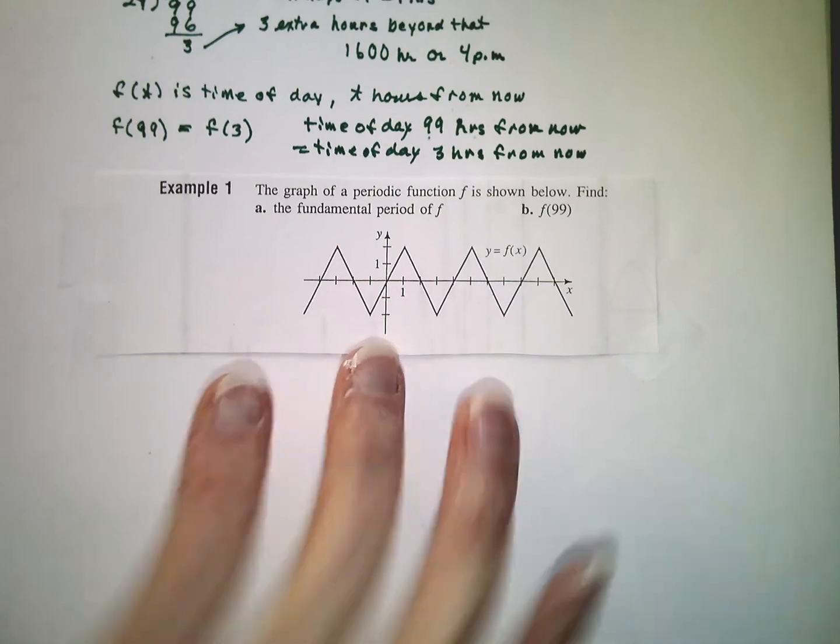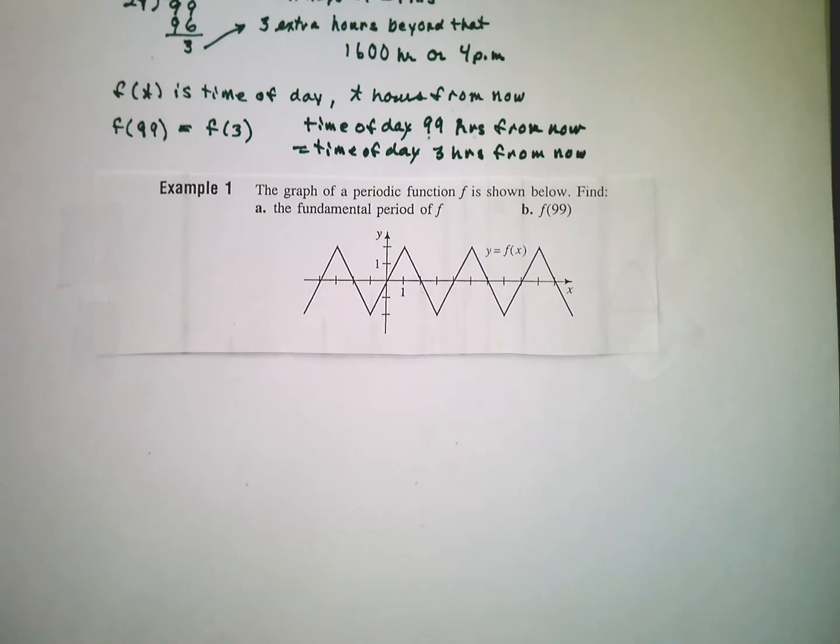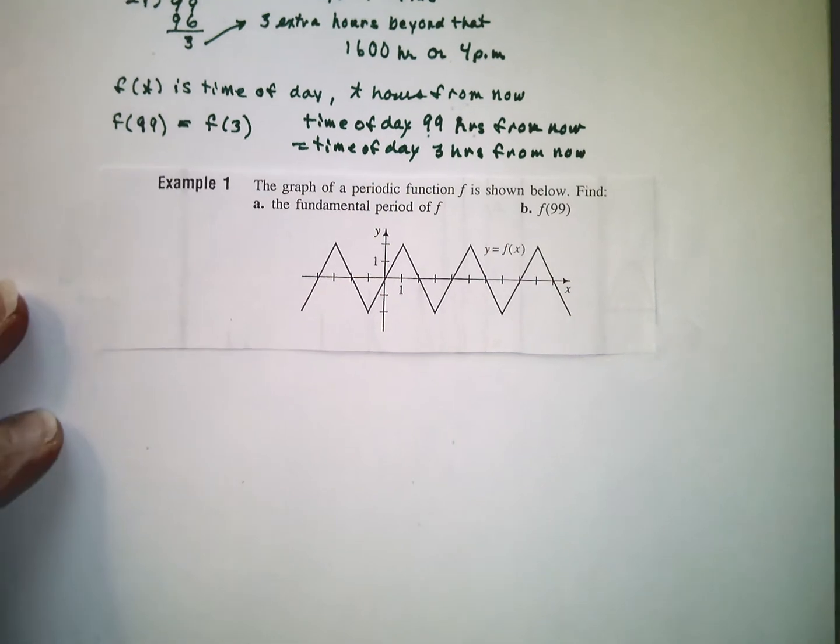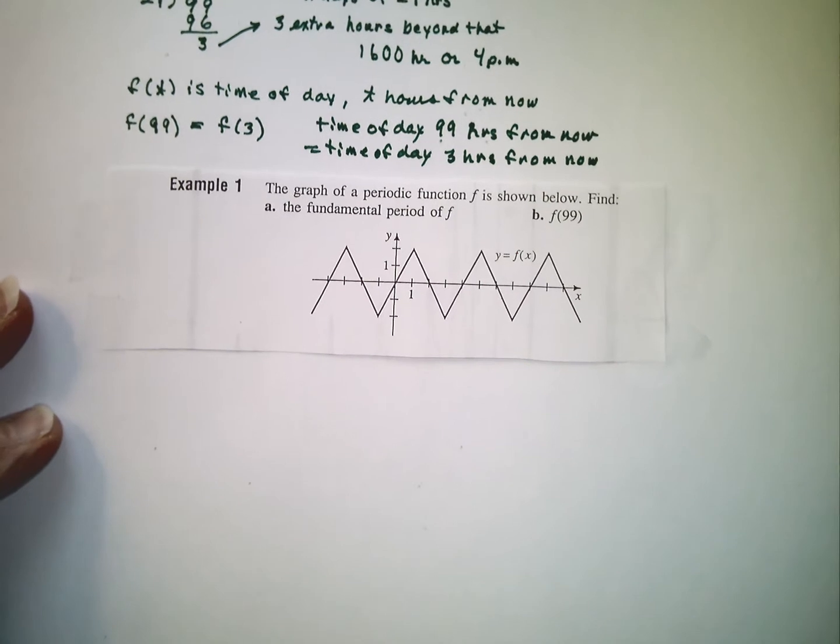So the official example here is going to be very similar, except that it's not 99 hours from now. So we're not going to split it up into 24-hour days.